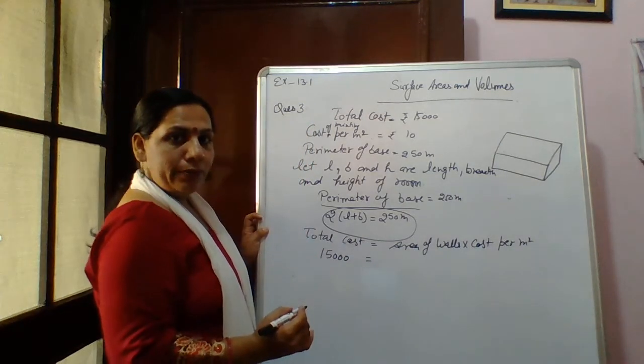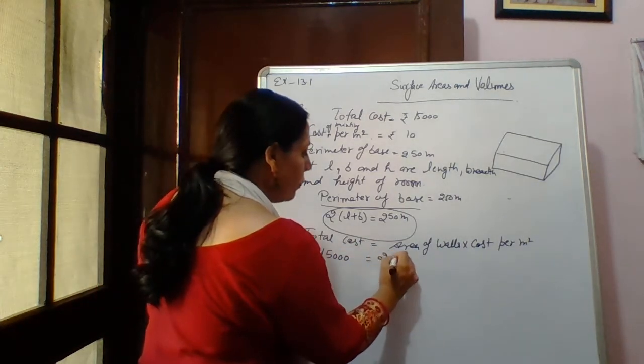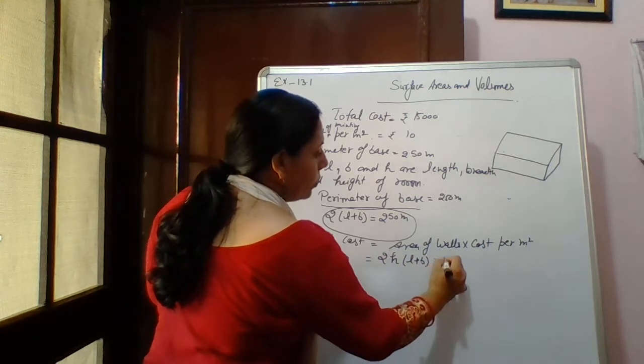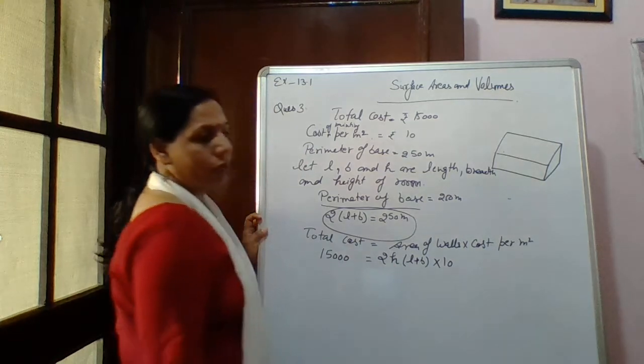I don't have the value, not a problem. Write the formula 2h into (L plus B) into 10. This is the cost per meter square.